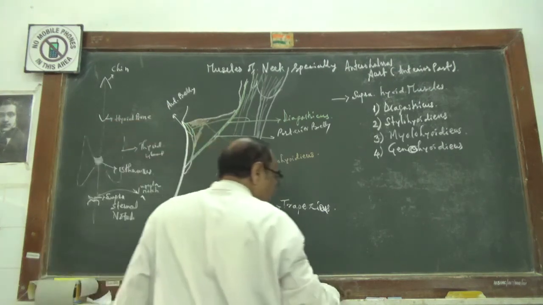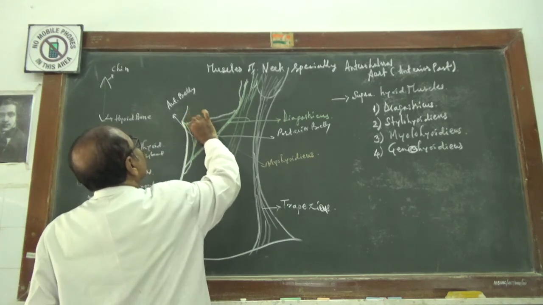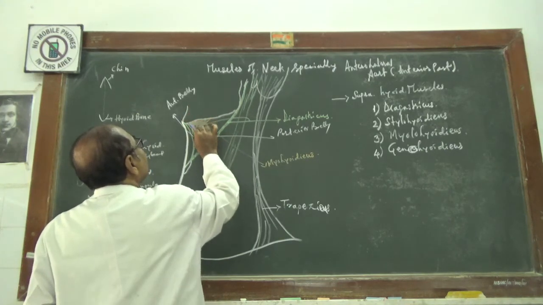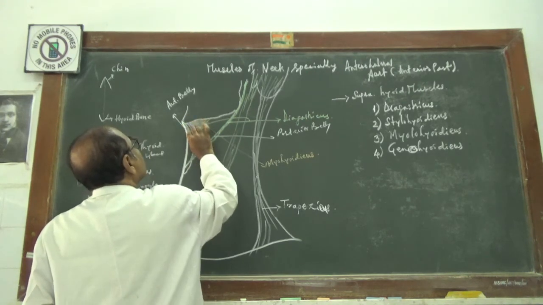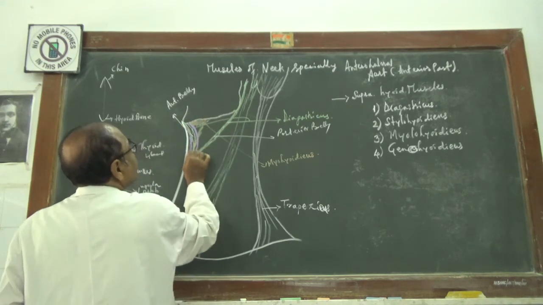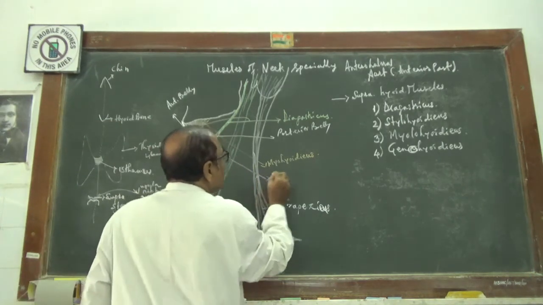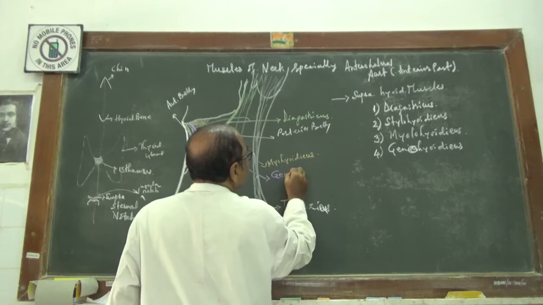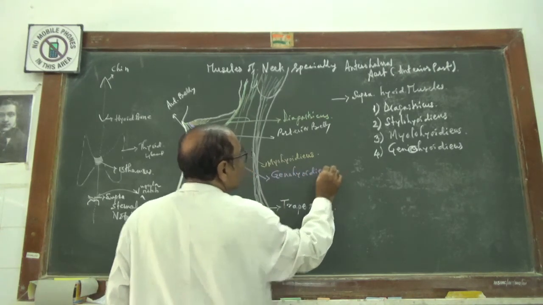Then you will have another muscle with the purple line going, like this. This is called the geniohyoid.